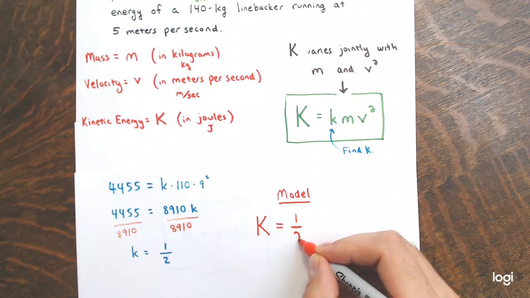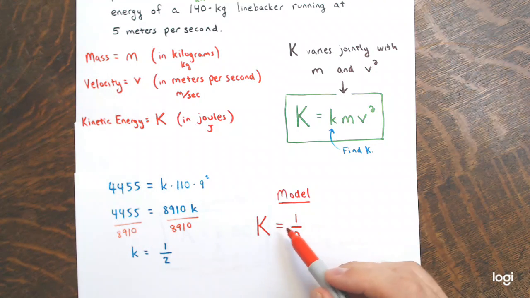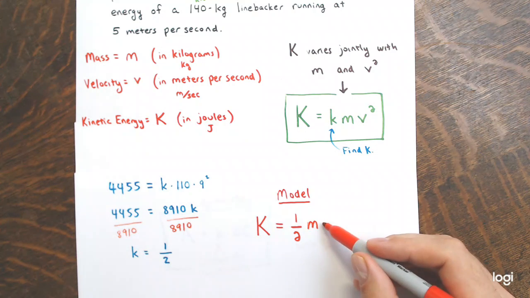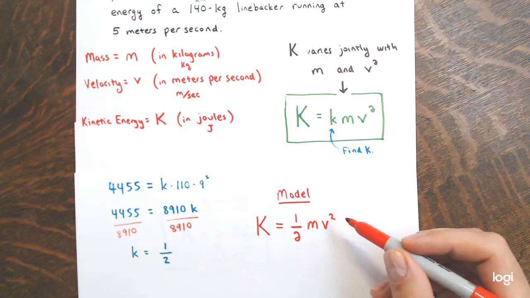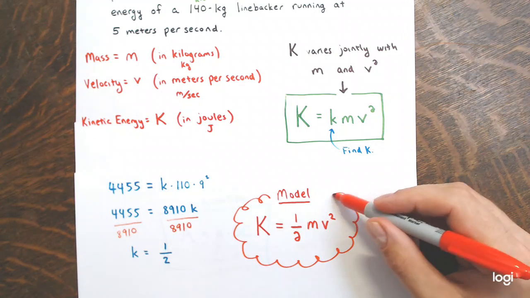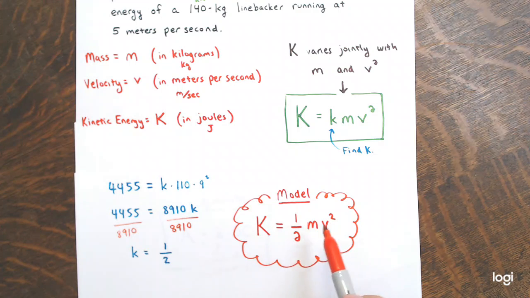So the kinetic energy of an object is equal to half the product of its mass and the square of its velocity. All right, so I'm gonna bubble this. This is huge.